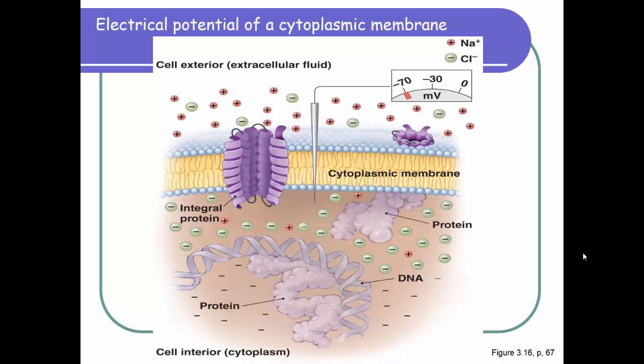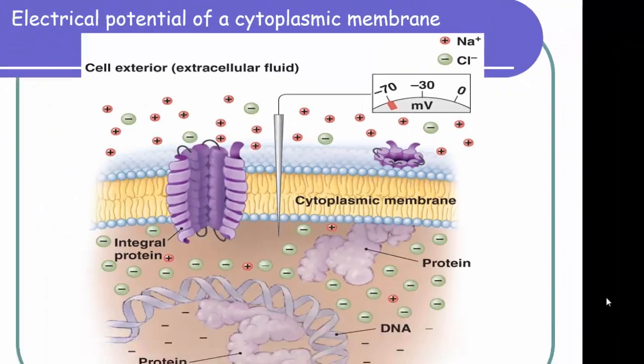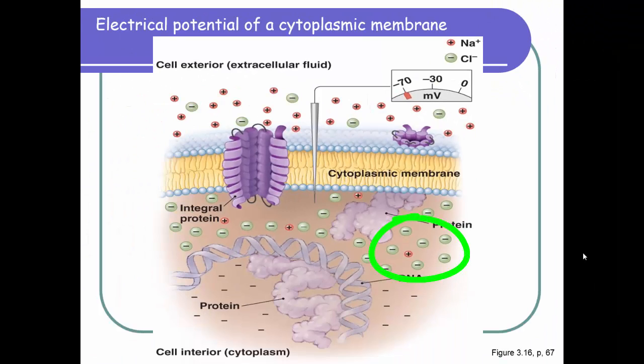We said the cell membrane will provide the electrical gradient across the cell membrane, and just like in our cells, the resting membrane potential usually measures around minus 70 millivolts because you have more negative charges inside the cell than outside. Again, these integral proteins can allow for movement of these ions in and out of this cell.